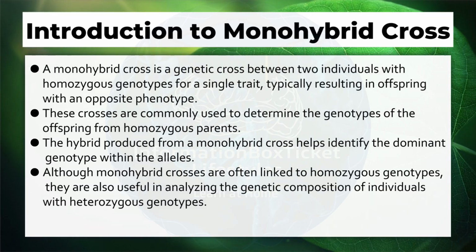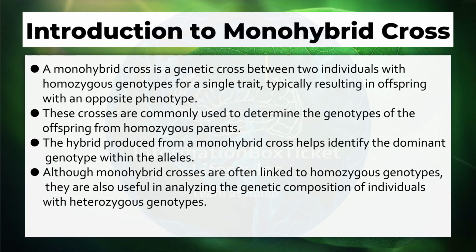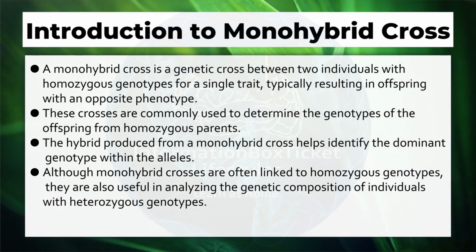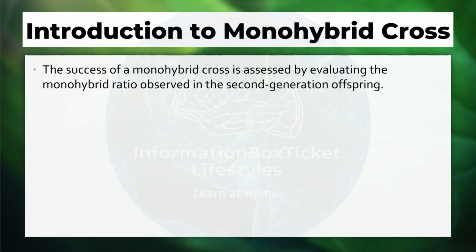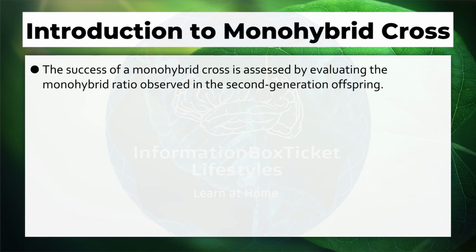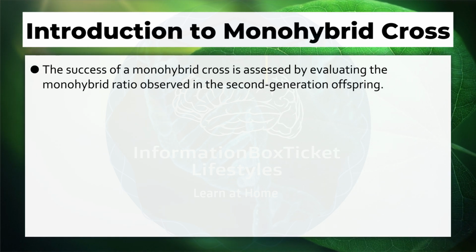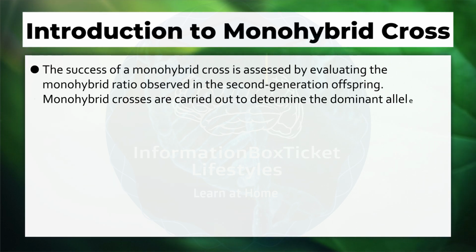Although monohybrid crosses are often linked to homozygous genotypes, they are also useful in analyzing the genetic composition of individuals with heterozygous genotypes. The success of a monohybrid cross is assessed by evaluating the monohybrid ratio observed in the second-generation offspring.